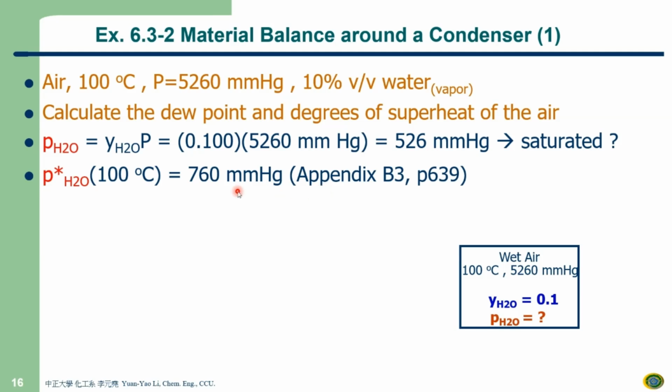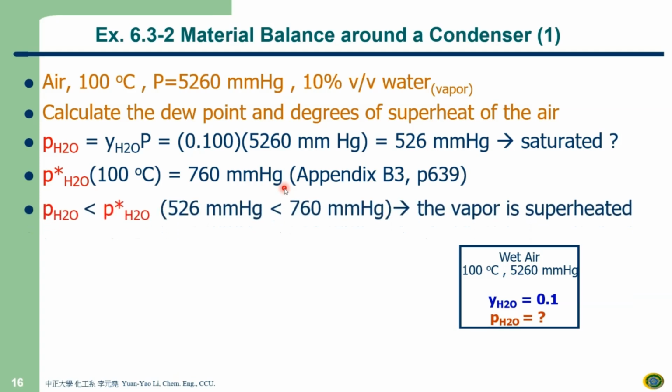This is common sense, I think you learned this in high school: at 100 Celsius, 1 atm, water starts to boil. So the partial pressure of water is less than the saturated vapor pressure, and you realize this vapor is superheated.